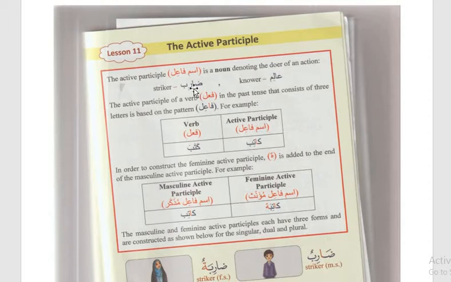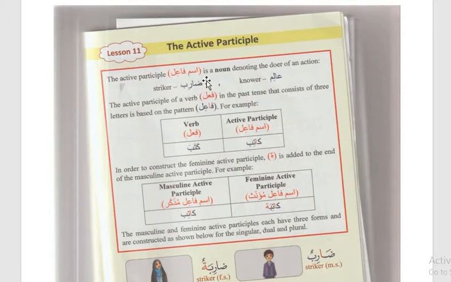So اسم الفاعل or the active participle is a noun. What do we mean by it? We mean, for example, here, striker. When someone strikes, strike is the verb. Striker is the one who's doing the action. So here, with the active participle, we are talking about the person who is doing the action, which we call in Arabic اسم فاعل.